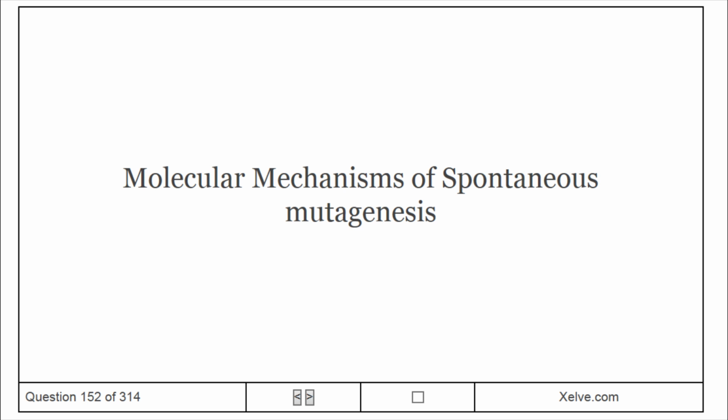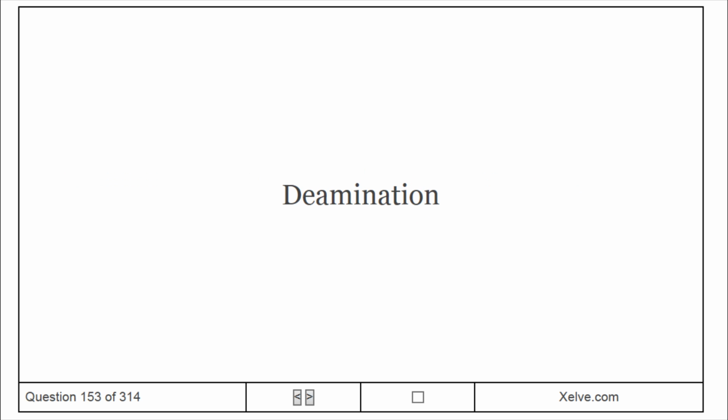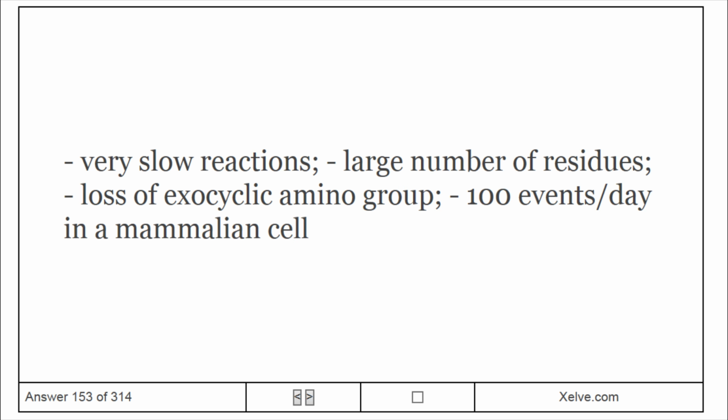Molecular mechanisms of spontaneous mutagenesis. 1. Deamination. 2. Depurination. Cells have mechanisms to correct most of these. Deamination: very slow reactions, large number of residues, loss of exocyclic amino group, 100 events a day in a mammalian cell.